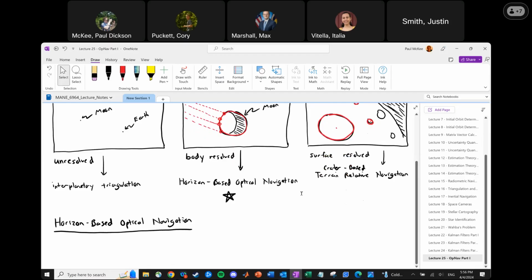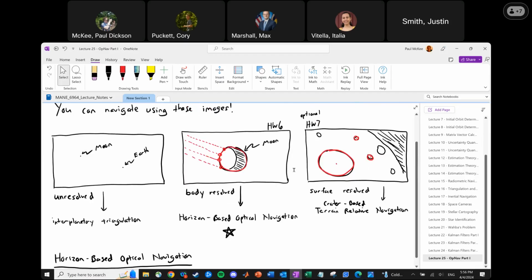I know you're swamped with homework 5, but if you take a peek at homework 6, I've posted an image from the New Horizons mission of Pluto. Using only the information in the image, you can estimate your position relative to Pluto, which I think is pretty neat.